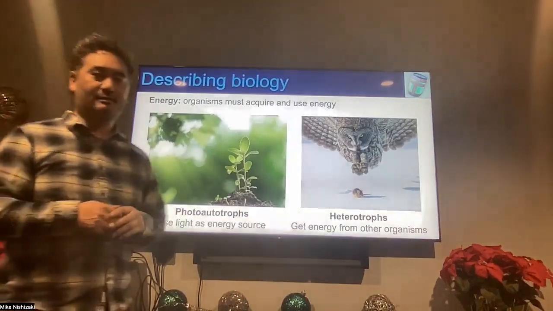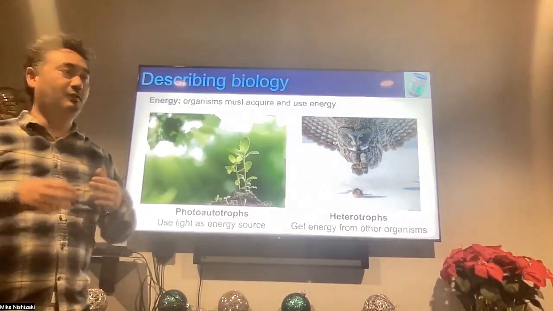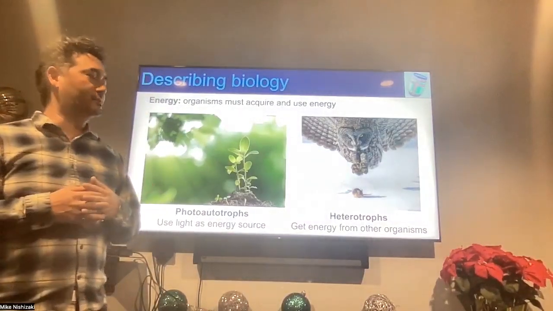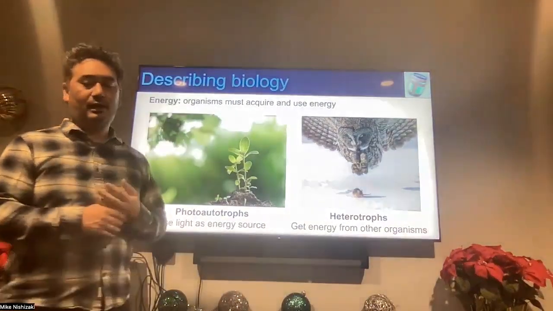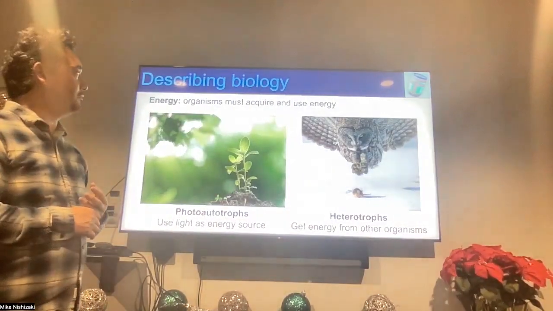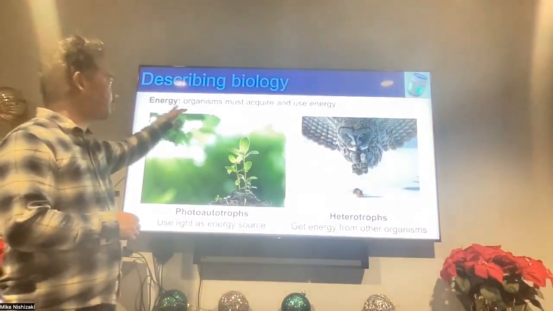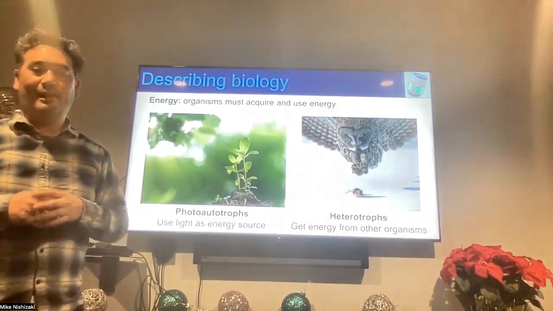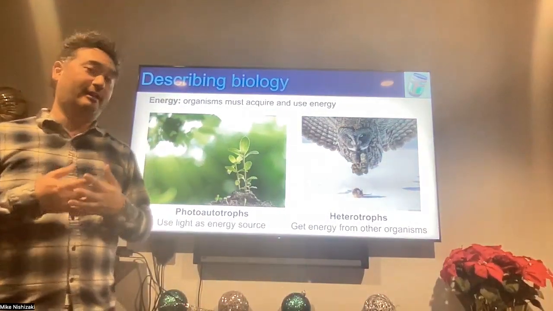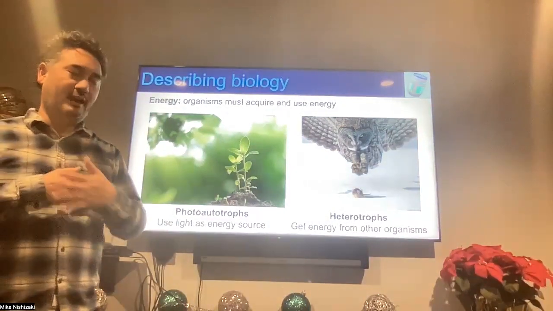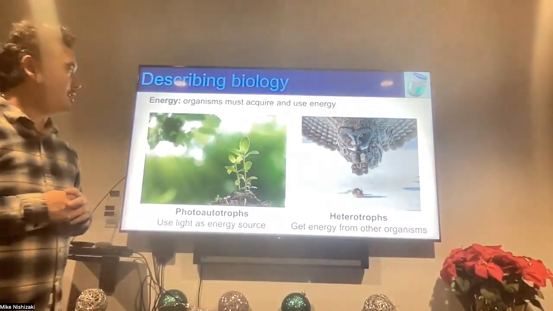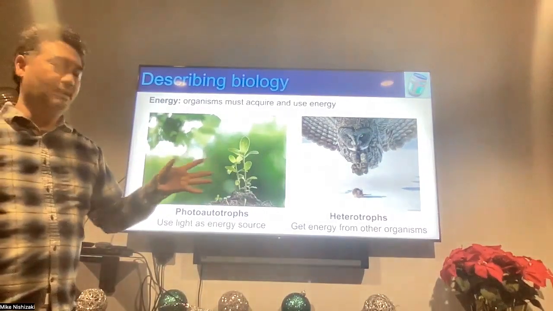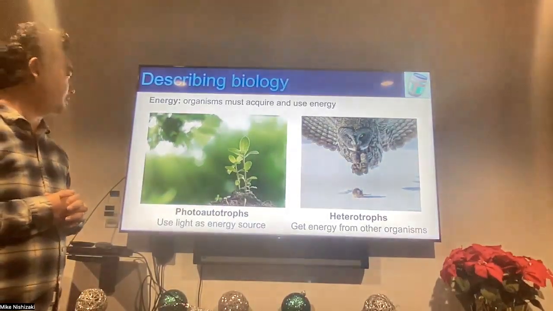But here in this class, what we're going to talk about this term is the flow of energy through biological systems. And so one of the fundamental aspects of biology is that organisms must figure out how to acquire and use energy. Every living organism is faced with this challenge. And so we're going to be talking about a wide diversity of biological systems.